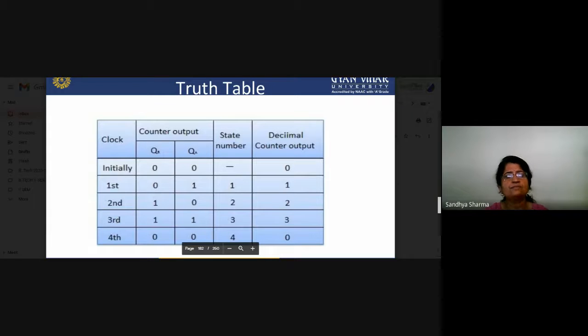And if we move to the fifth clock pulse, both the flip flops will be reset. So that is basically a tabular sequence in which initially both flip flops are 0, then 0 1, 1 0, 1 1 and 0 0. This is the basic sequence followed in designing counters.